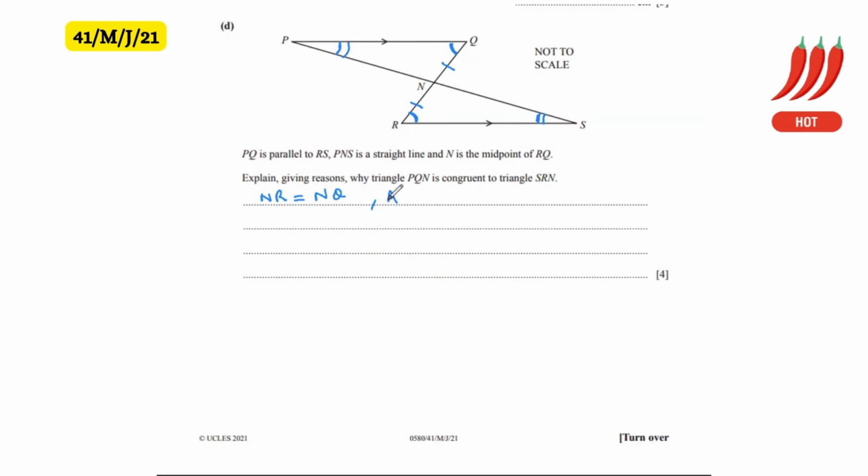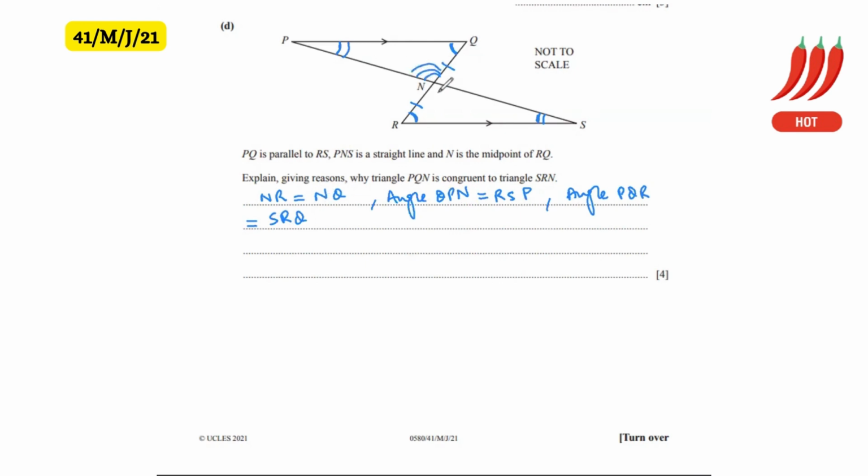So angle QPN is equal to angle RSP. Also, angle PQR is equal to angle SRQ.